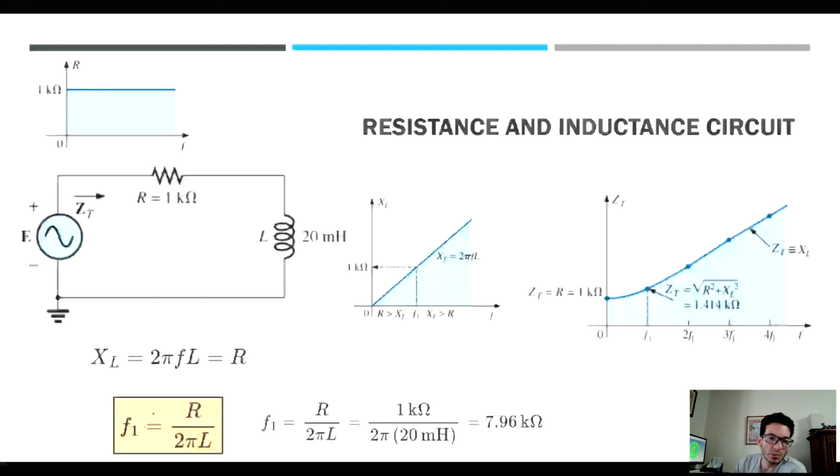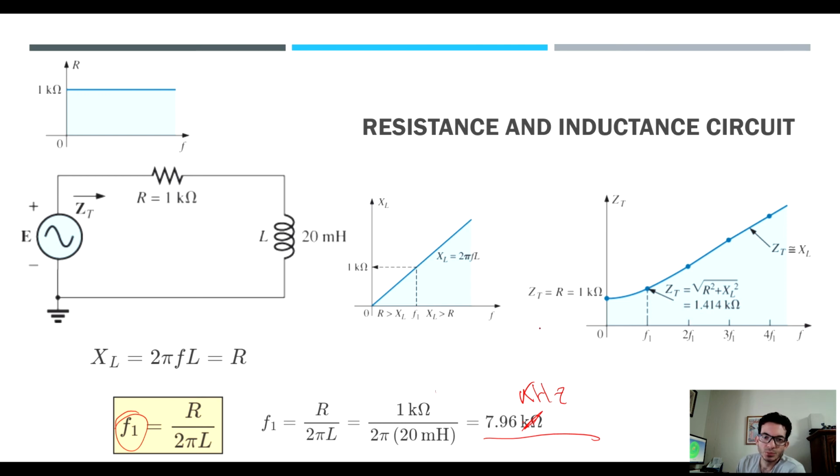In that particular case, we find the frequency at which those values are equal, and for those values we get 7.96 kilohertz. I'm sorry, this is not kilo ohm, this is kilohertz, because this is resonant frequency, and frequency has units of hertz.